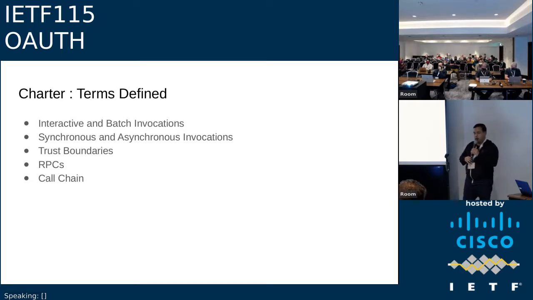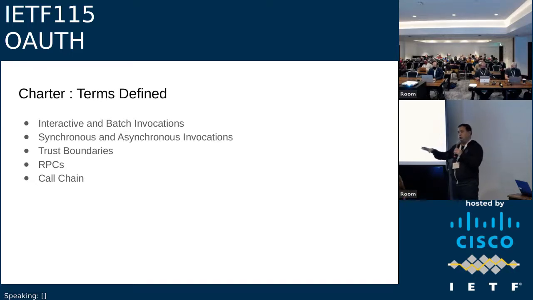And there are trust boundaries. These are things like an on-premise installation talking to a cloud service, or services within one cloud platform. Maybe it's the same organization's tenant in AWS talking to a tenant in Azure belonging to the same organization. Those are the trust boundaries we are talking about.